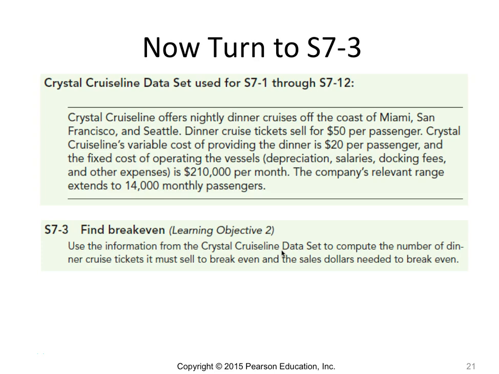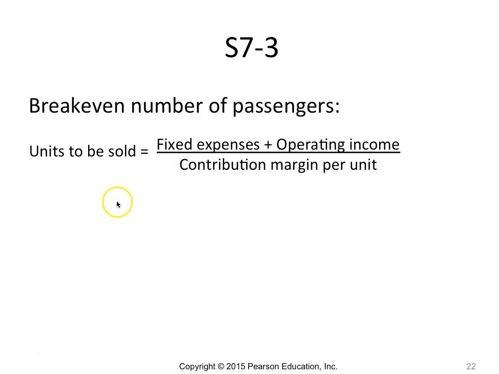Here is to find a break-even point. It's the same numbers we have used, just to find a break-even point. Here we say we're going to get a 0 operating income, and then we find the break-even point. Units to be sold equals fixed expenses plus operating income divided by contribution margin per unit, and then we get to this.